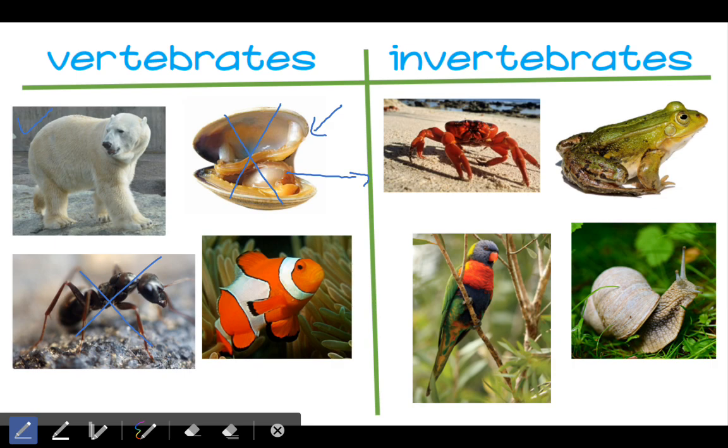And what about this clownfish? Is it vertebrate or invertebrate? It's vertebrate. Fantastic. It has got a backbone here. So it is correct. Anyway, you tick it. It's correct. And now let's see the invertebrates, alright?